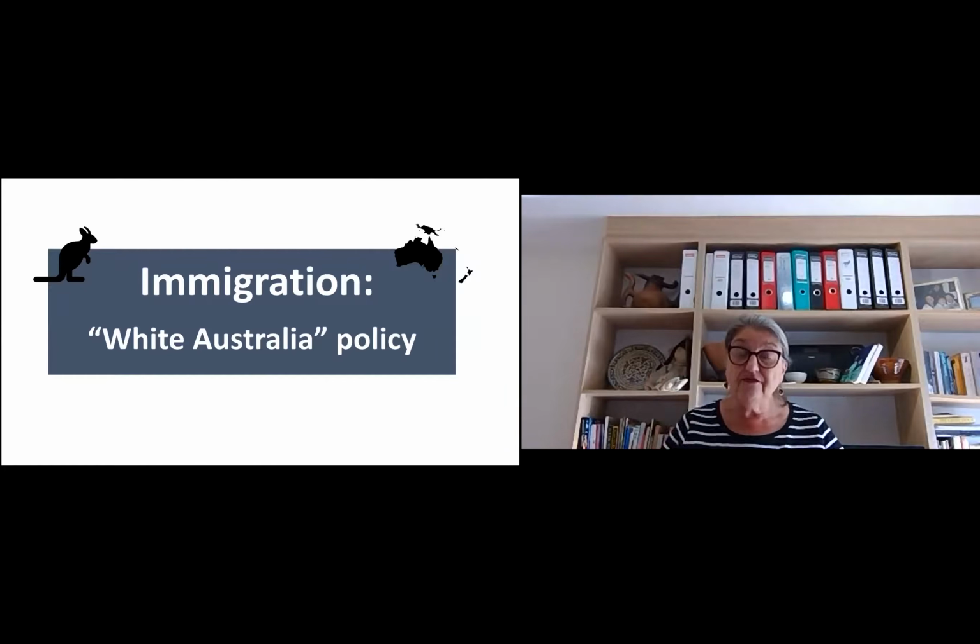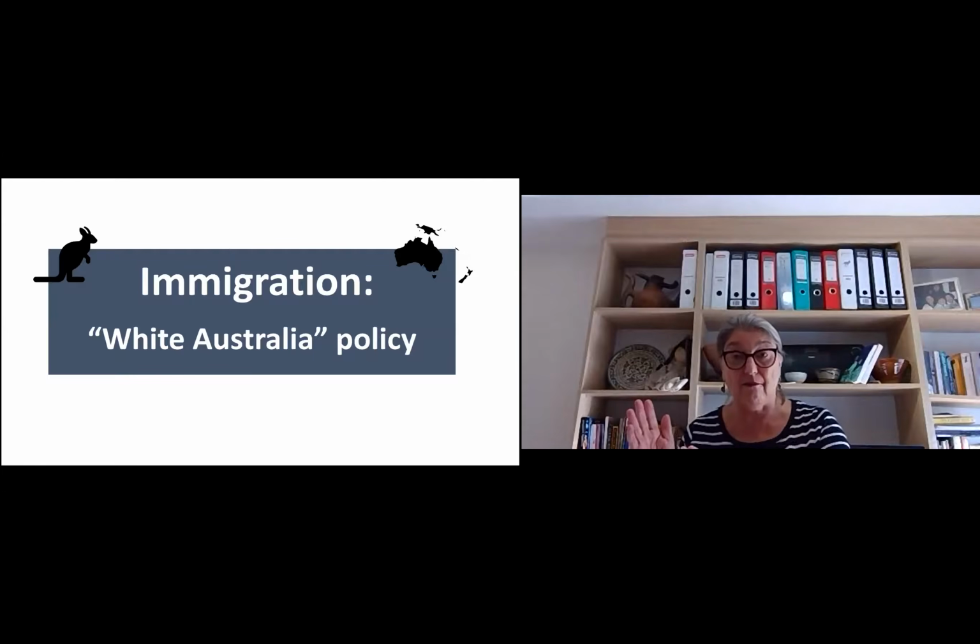You could come and live in Australia as long as you were white. And this policy remained in place for many, many years, up until 1973. Only white people could go and live in Australia. That was the one arm of their brand of eugenics.